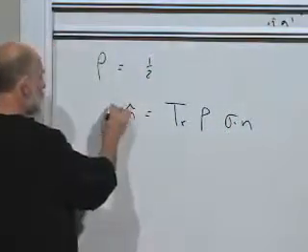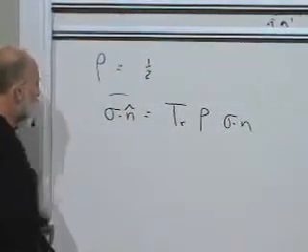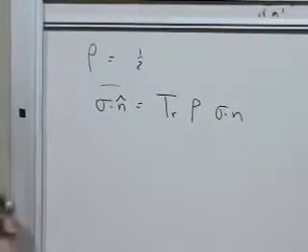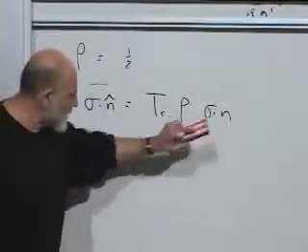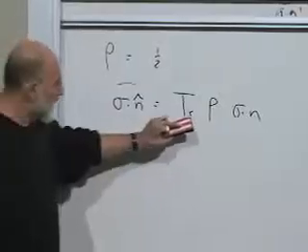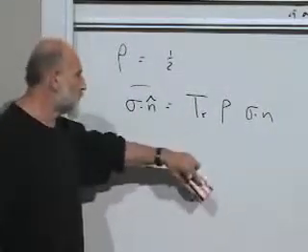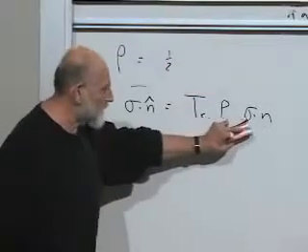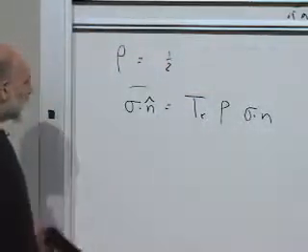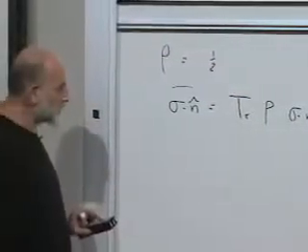That's the trace of the product of rho times the observable. That's the average of the observable.